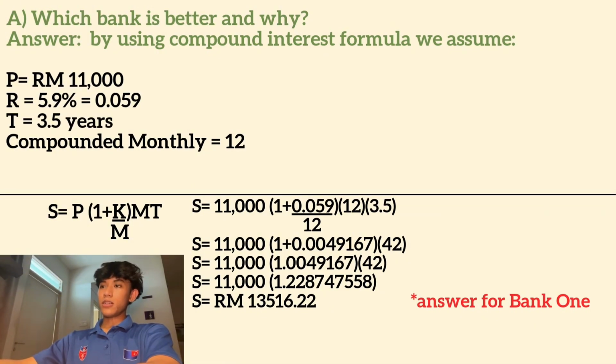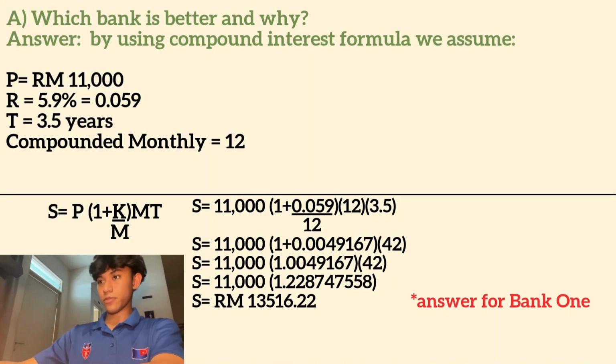To make it easier, we can do it step by step. So 12 times 3.5 is 42, and 1 + 0.059/12 is 1.0049167.